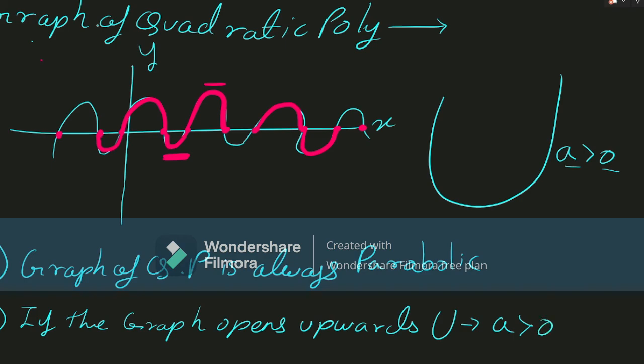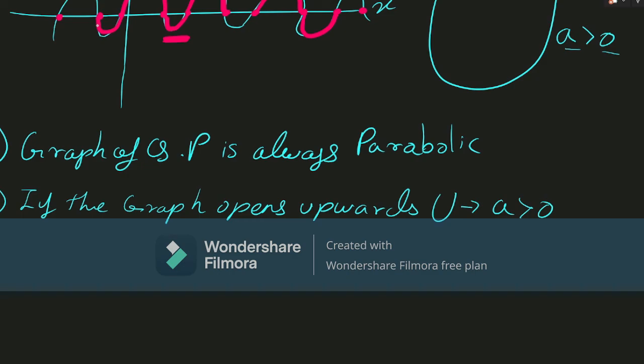Now the same, just replacing upwards with downwards. So it will form like this shape. So a will be smaller than 0, like in negative.